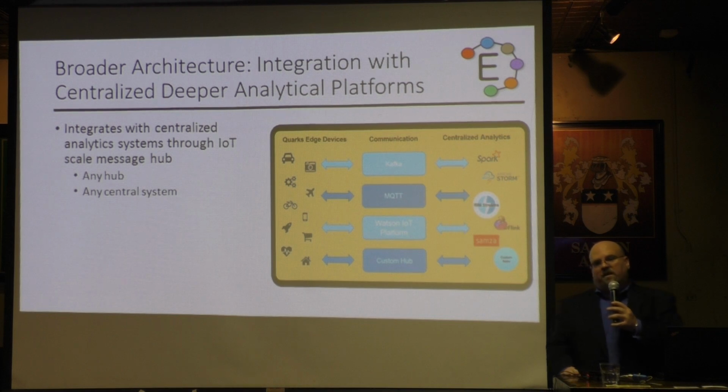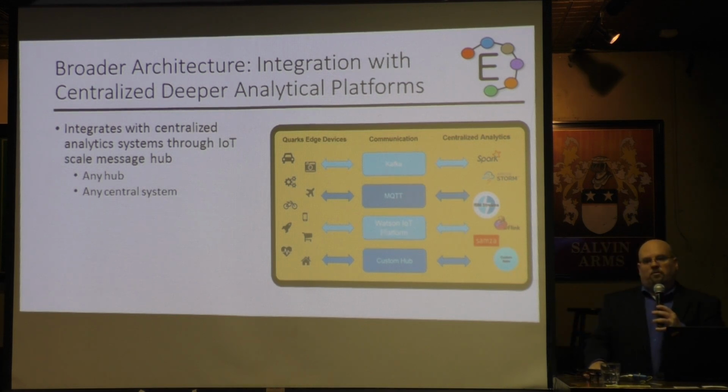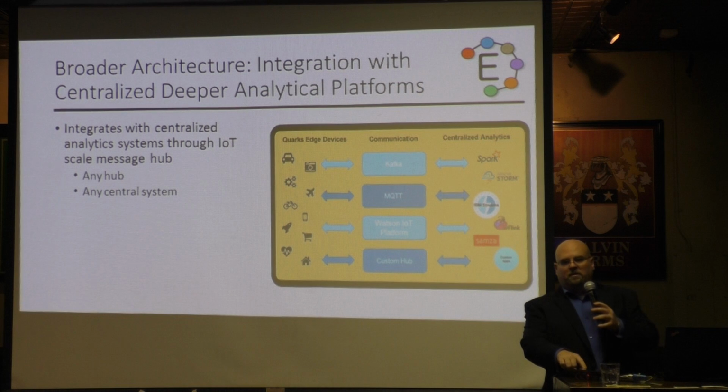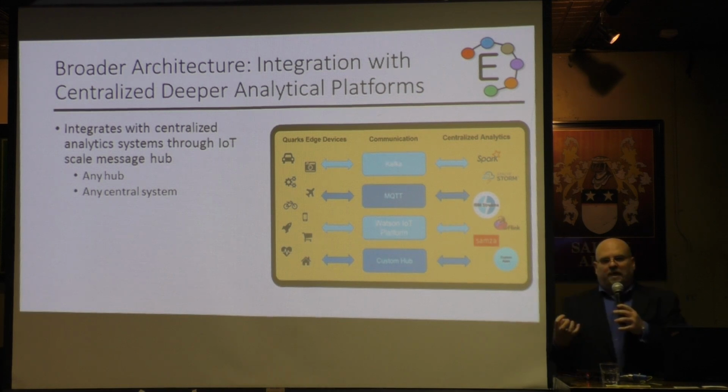Well, you can identify the type of processing that you want to do based on the source type, based on any number of different triggers or conditions. So let's say you've got a dozen sensors coming in to a single Edgent device.